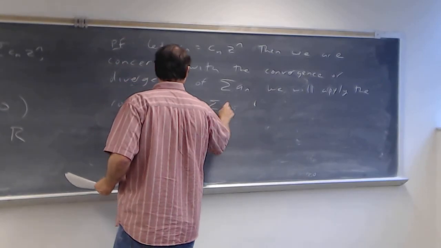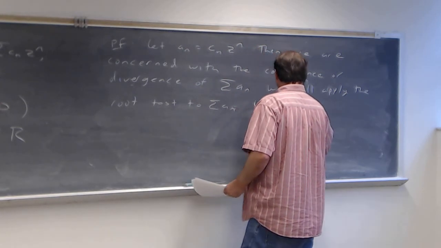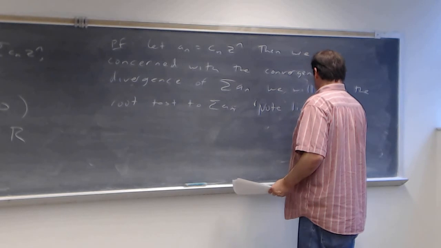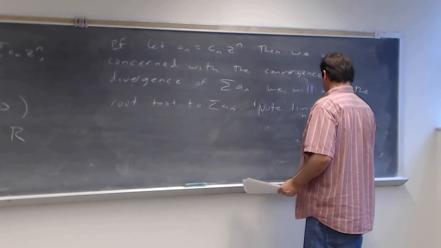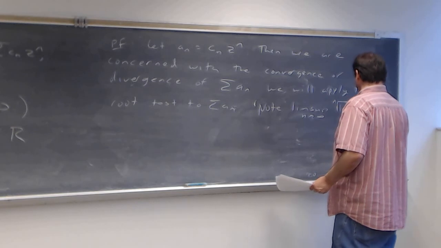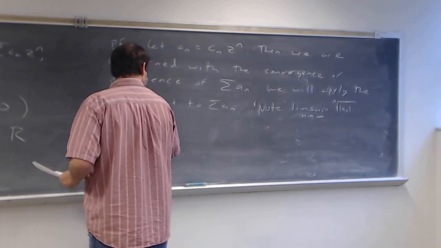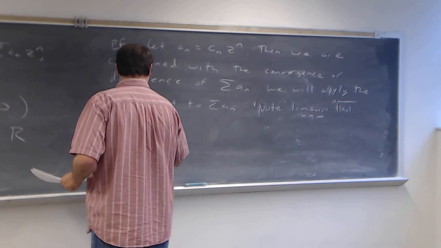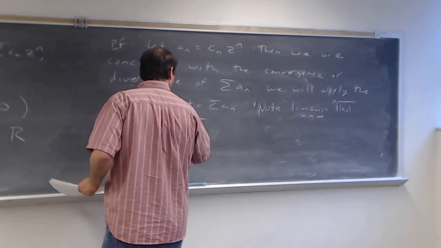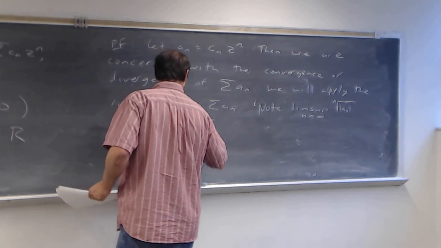Okay. So what we look at is the lim sup as n goes to infinity of the nth root of the norm of a sub n. Reverting back to the notation of what a sub n represents, we have the nth root of the norm of c sub n z raised to the n.